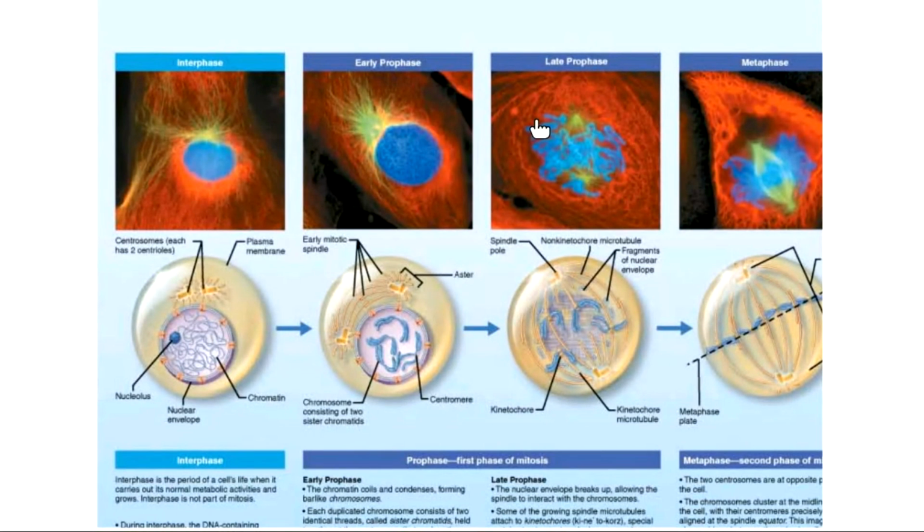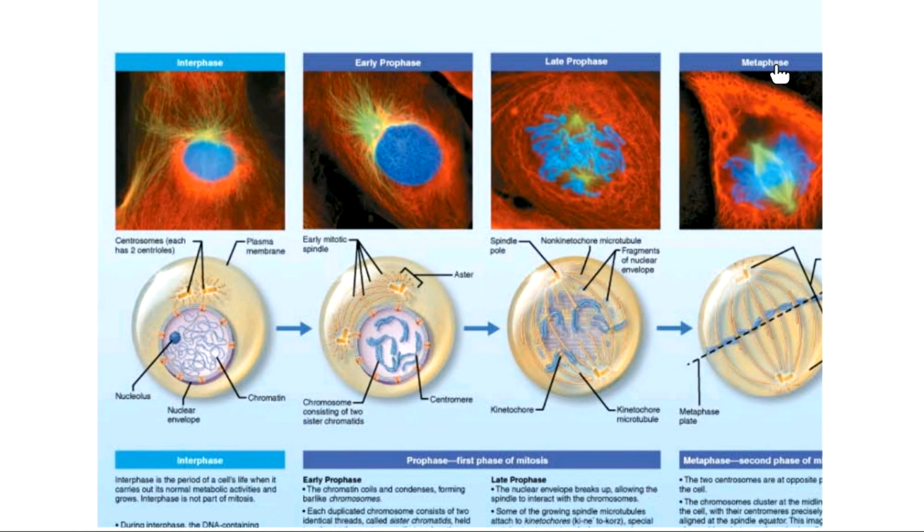See how these chromosomes are all over the place in a mess? That's because the nuclear envelope has dissolved, but my chromosomes haven't really started moving yet. They're just loose, floating around in the cell. That's what late prophase looks like: chromosomes with no particular order to them, floating everywhere.